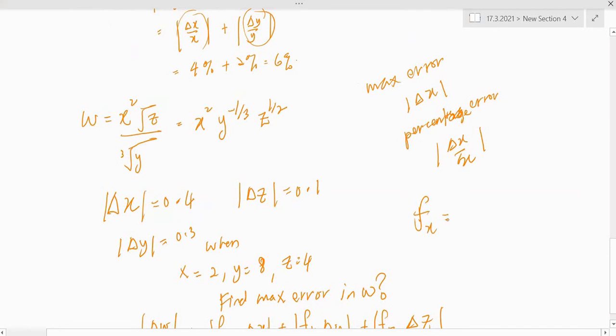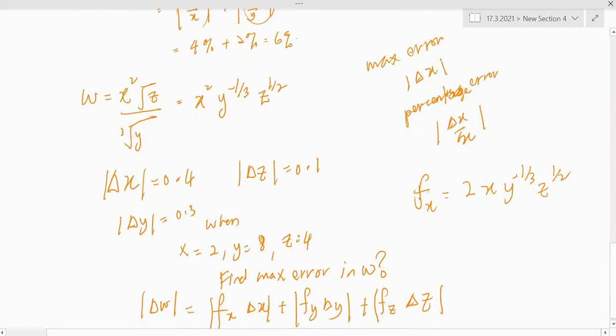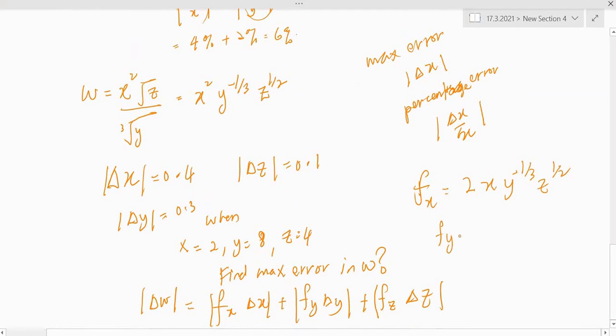X. So which means Y and Z will be constant. Very easy. 2X, square root Z over cube root Y. Okay, Fy will be X squared remain, negative 1 over 3 here. Y negative 1 over 3 minus 1, which means minus 3 over 3. Z half.